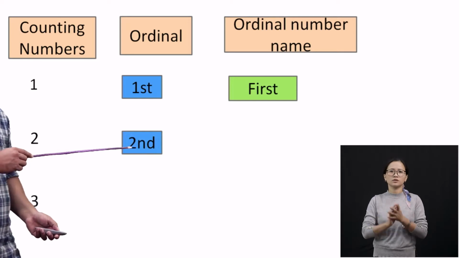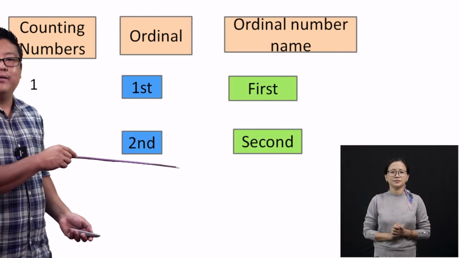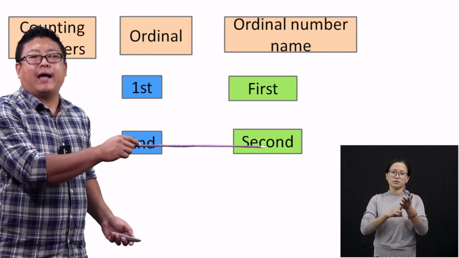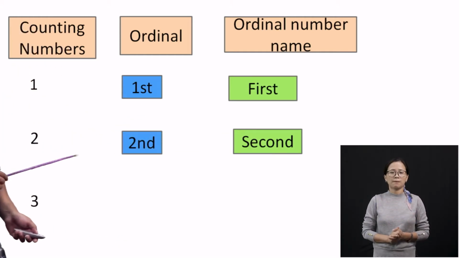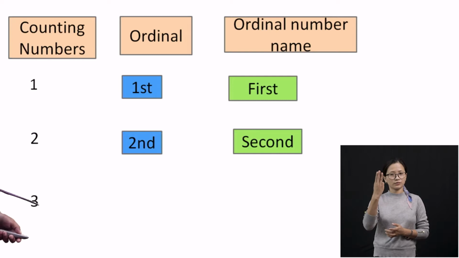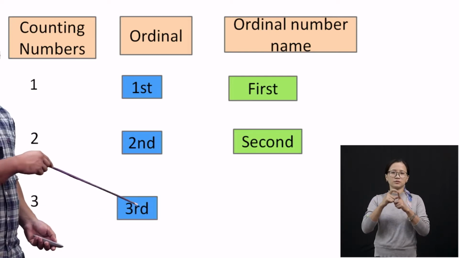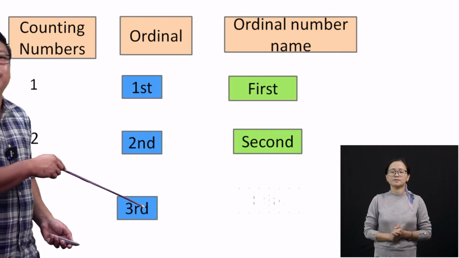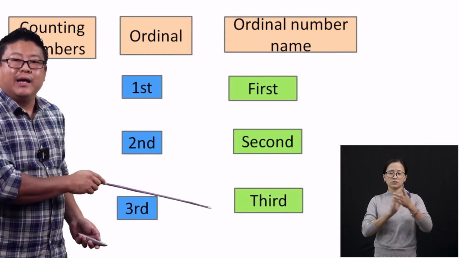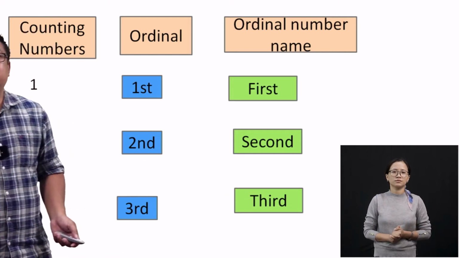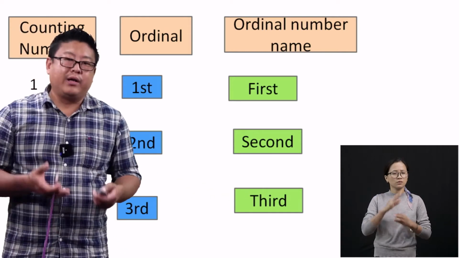It is pronounced as second. SECOND. All right? For number 3, it is pronounced as third. It is written as 3RD. The ordinal number name is THIRD.